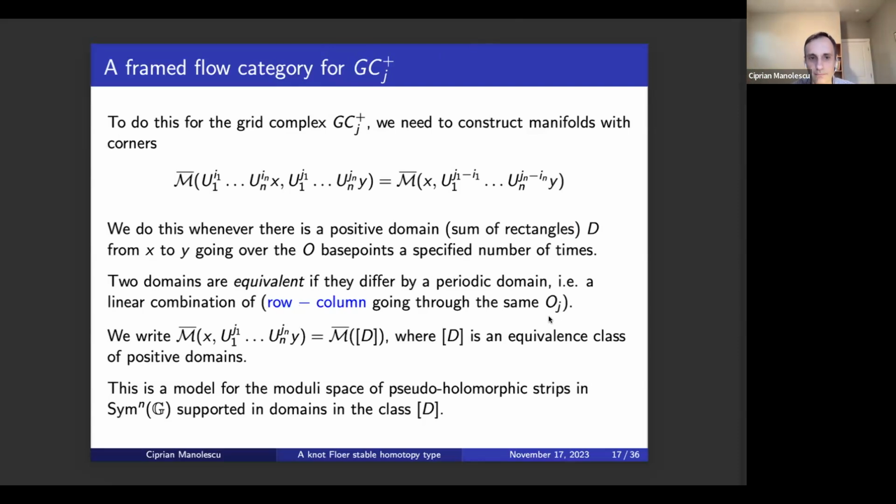So we set row equals column if they go through the same O marking. For each equivalence class of domains, we're going to construct a moduli space. This will be our model for the moduli space of pseudo-holomorphic strips in the union of homotopy classes given by everything in the equivalence class.